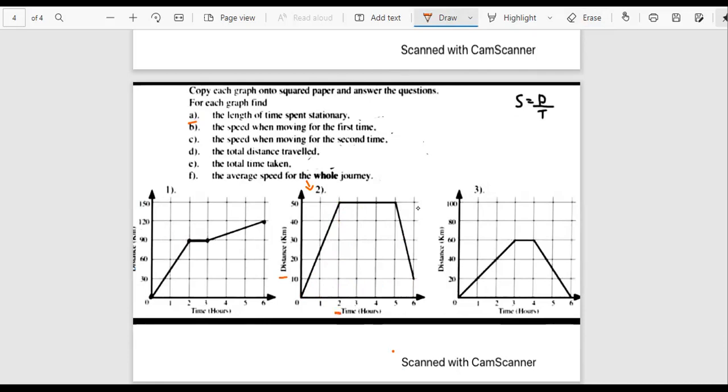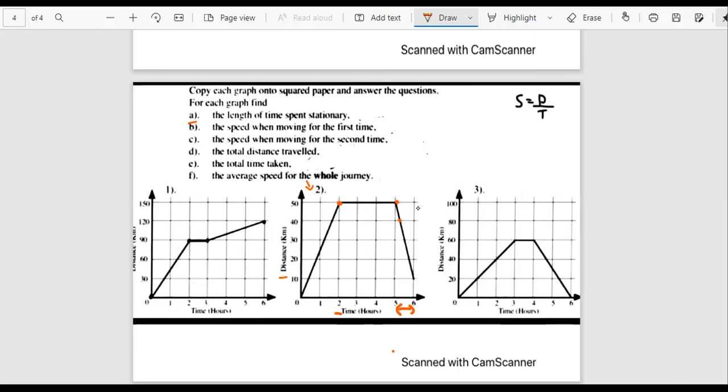Now, for the first 2 seconds, the distance traveled was 50, okay? And then the distance traveled was 0. And then what happened next? He travels 40. From 5 to 6, the distance traveled initially was 50 and then it started decreasing. But then the distance was 40.